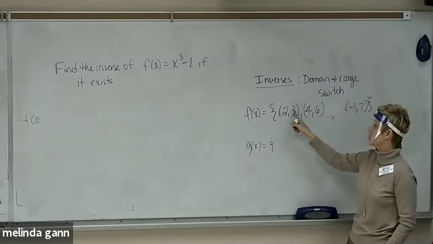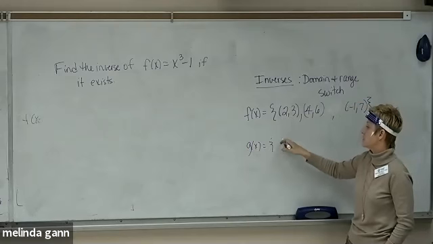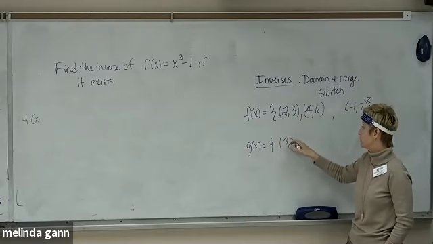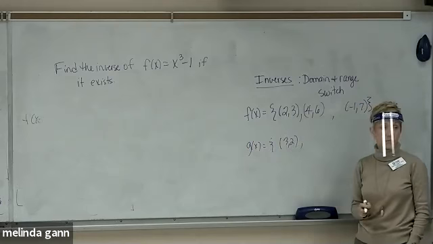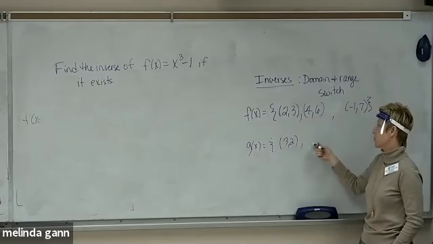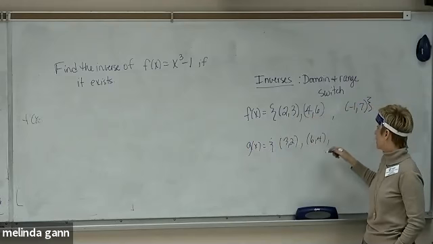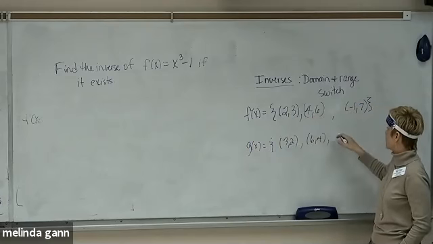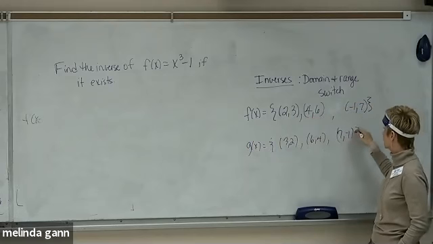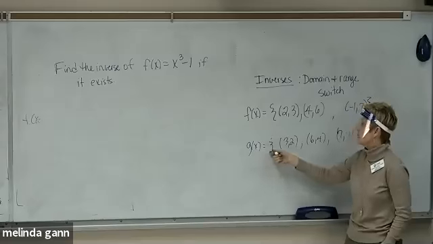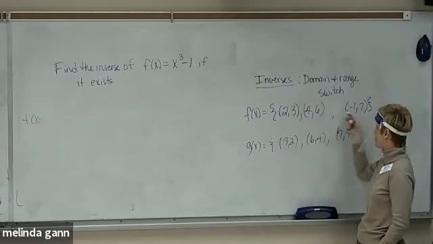Instead of the point (2, 3) being on this one, what's going to be on this one? (3, 2). Instead of (4, 6) being on this one, what's going to be on this one? (6, 4). Instead of (-1, 7) being on this one, what's going to be on this one? (7, -1). This would be the inverse function of that.